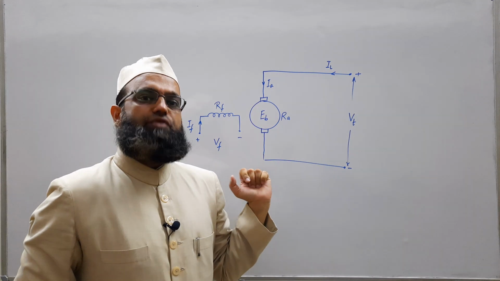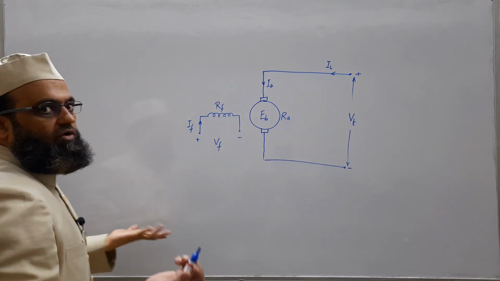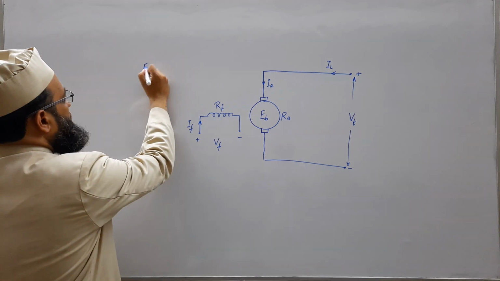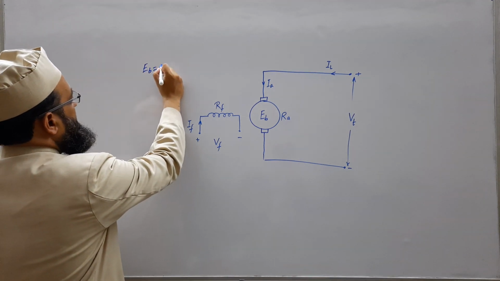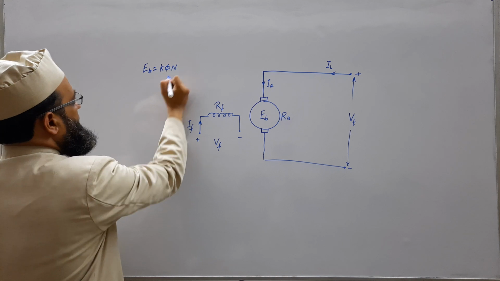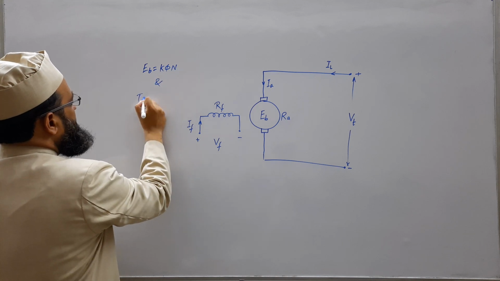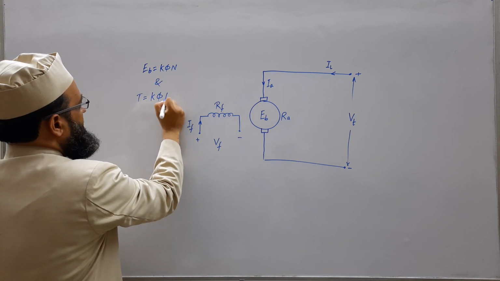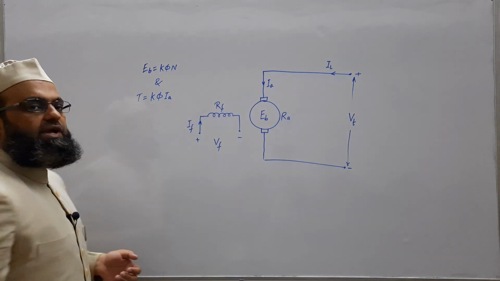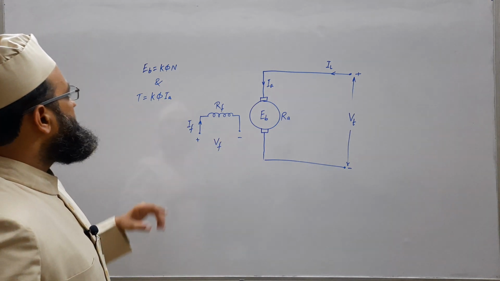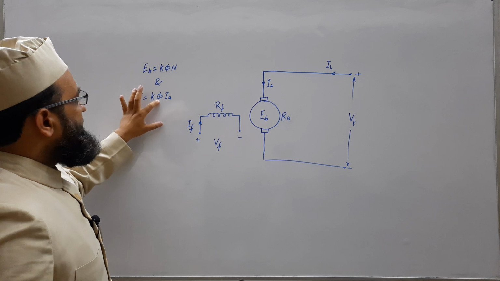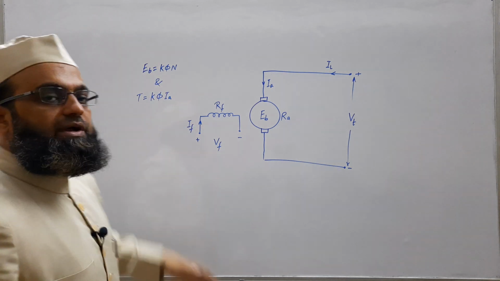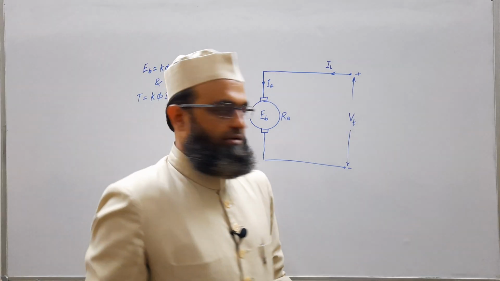So phi remains constant. So the equations of EB and torque, which we know, EB is nothing but K phi omega and torque is nothing but K phi Ia. So in both the cases phi remains constant, so the behavior remains similar.